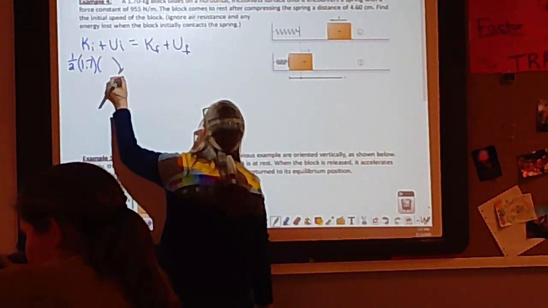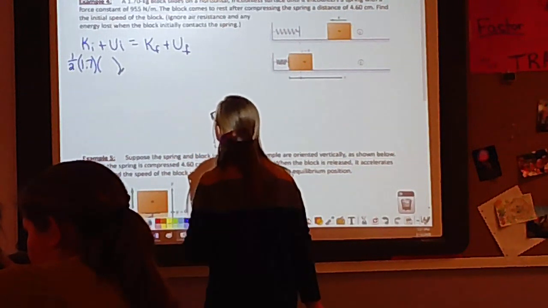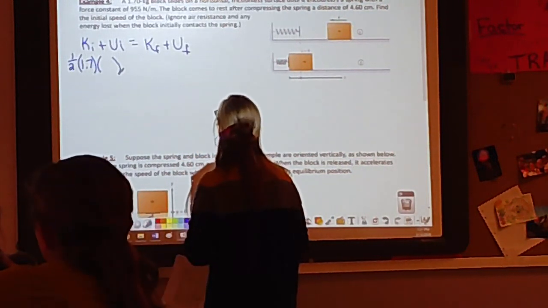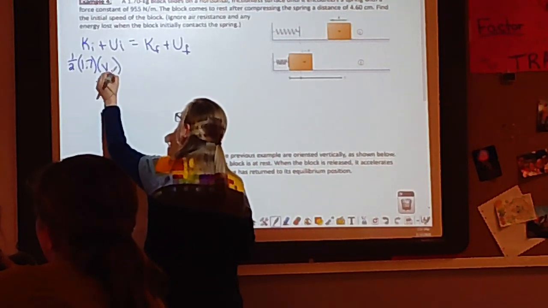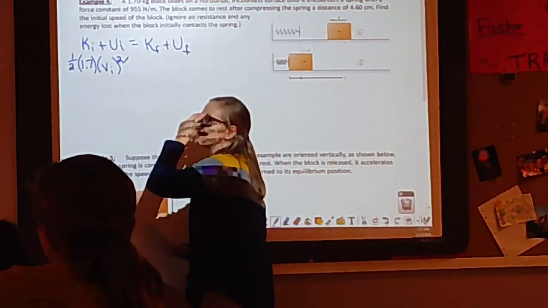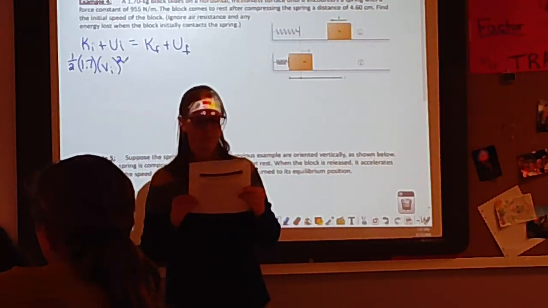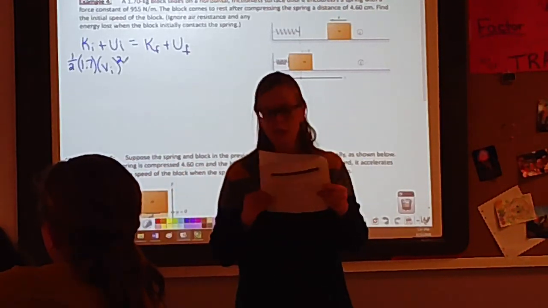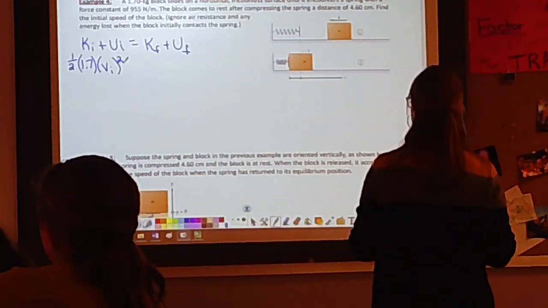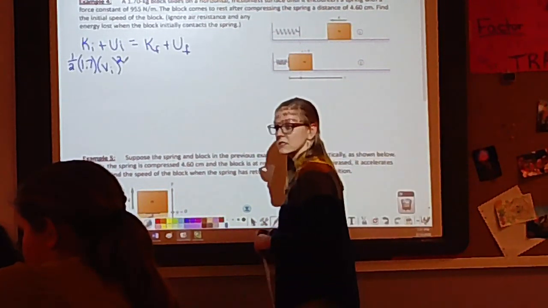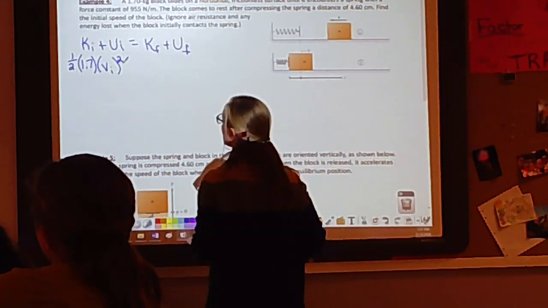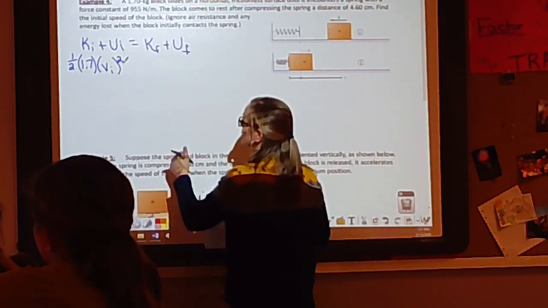Times the initial velocity. Well, it's 0. No, it's definitely moving. It says velocity equals 0 and we'll return. Yeah, but that's after it's been compressed. So the initial velocity is unknown. It does say find the initial velocity.